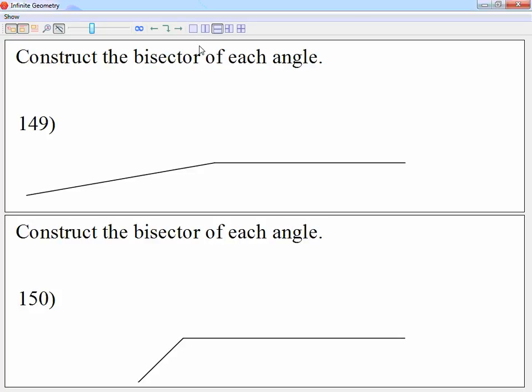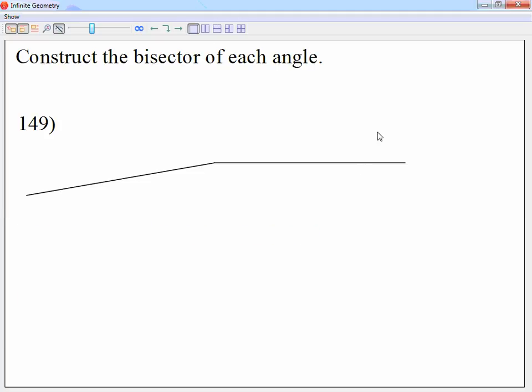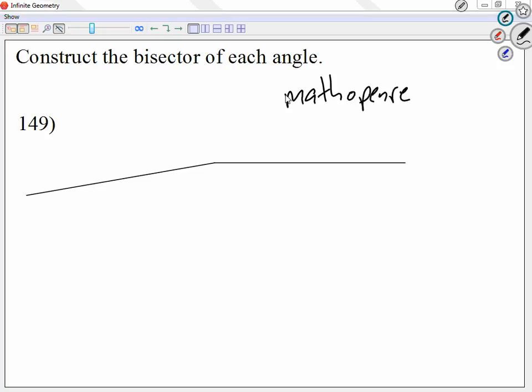Alright, now for constructions, I know I gave you guys a website when we were working on this. It was mathopenref.com. And these things were called constructions.